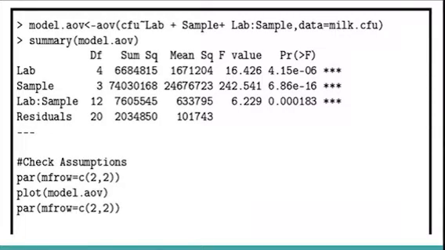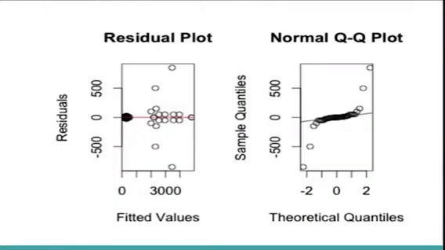Now, we're also going to check assumptions. You can run all this. This is checking assumptions. You are always going to have a residual plot and the normal QQ plot. The first plot, the residual plot, will enable you to investigate whether there's a constant variance, while the normal QQ plot will enable you to investigate the assumption of normality.